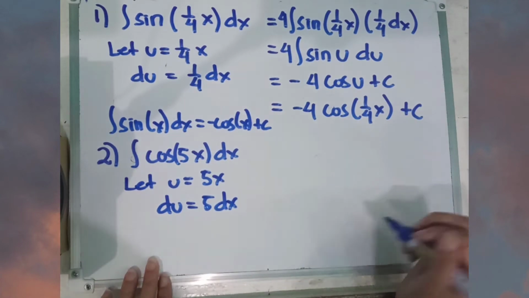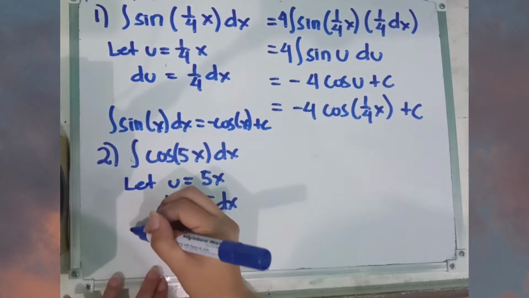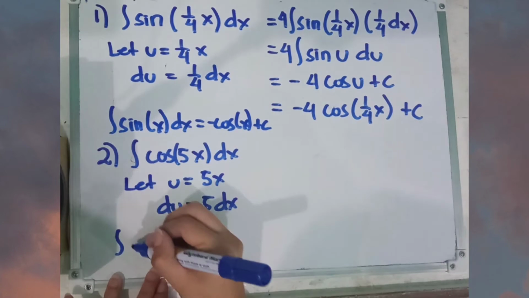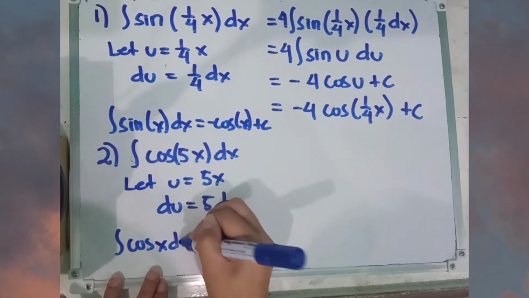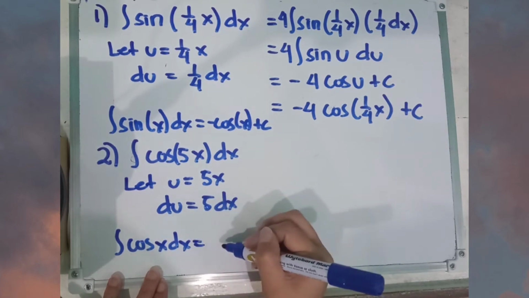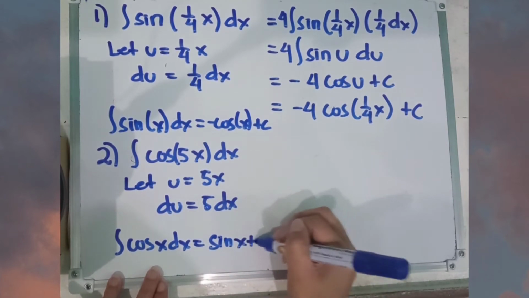Then recall the integral of cosine x dx based on the rules given earlier. The integral of cosine x dx is equal to sine x plus c.